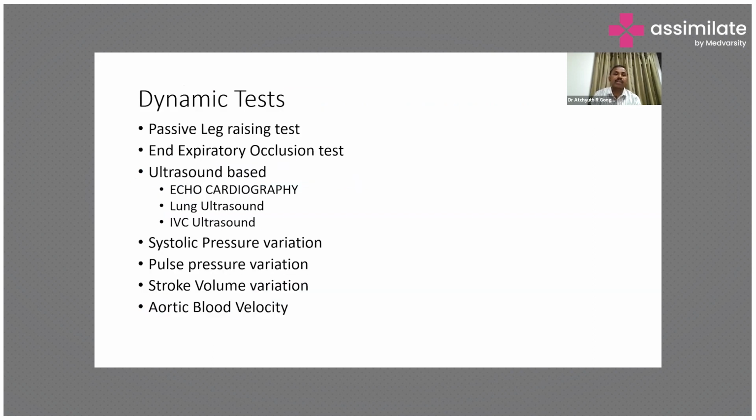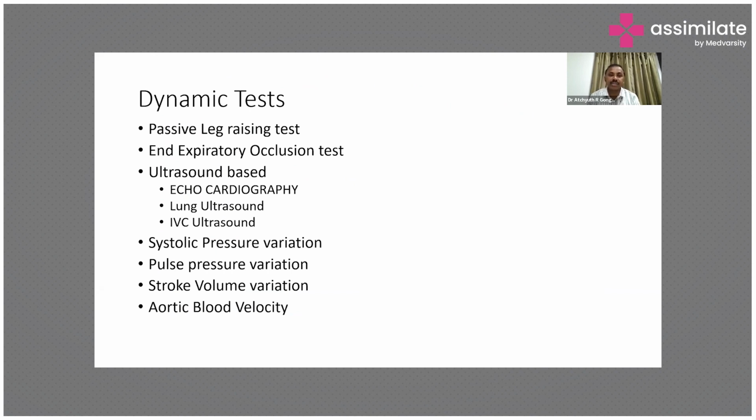So then come the dynamic tests. The dynamic tests include passive leg raising test and expiratory occlusion test, ultrasound-based tests like echocardiography, lung ultrasound, IVC ultrasound, and other parameters like systolic pressure variation, pulse pressure variation, stroke volume variation, and aortic blood flow velocity.